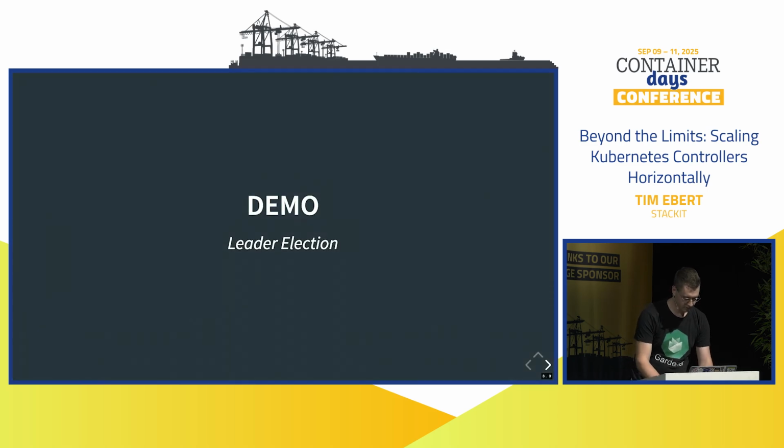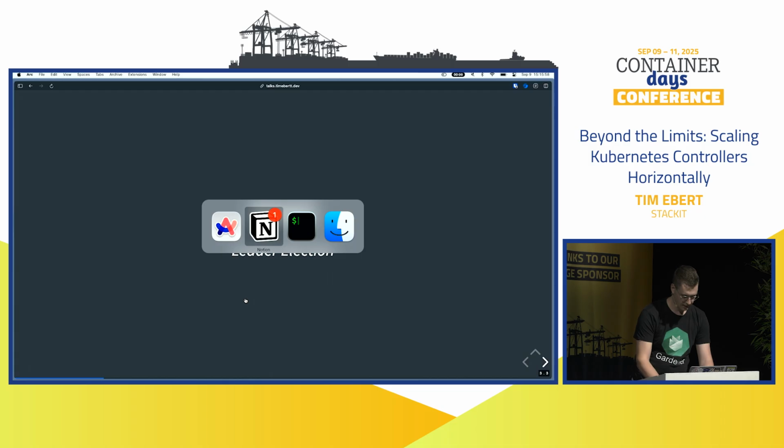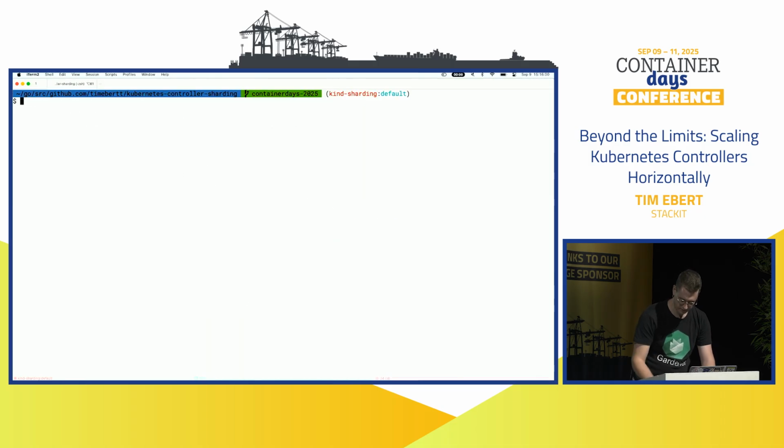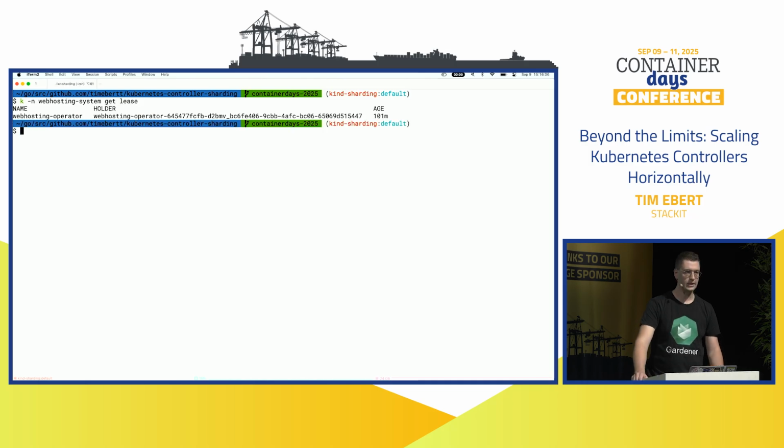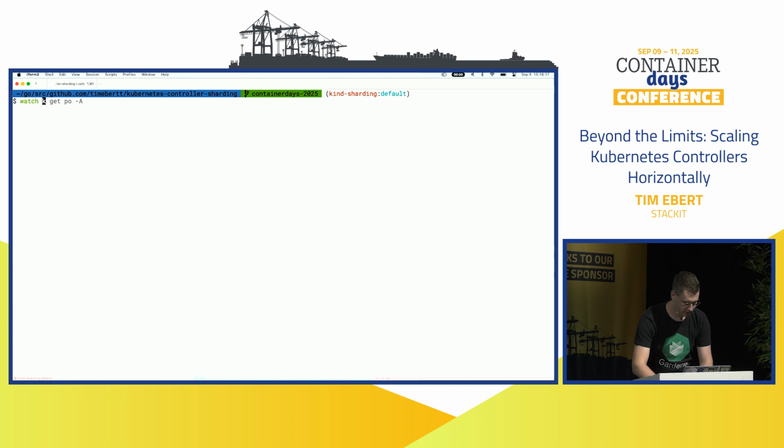I will also show the leader election in action so that we know what we are talking about. In the web hosting system namespace, there's also a lease object, and this one states the active instance that is now responsible for reconciling our objects. So let's put a watch on the lease and the pods.